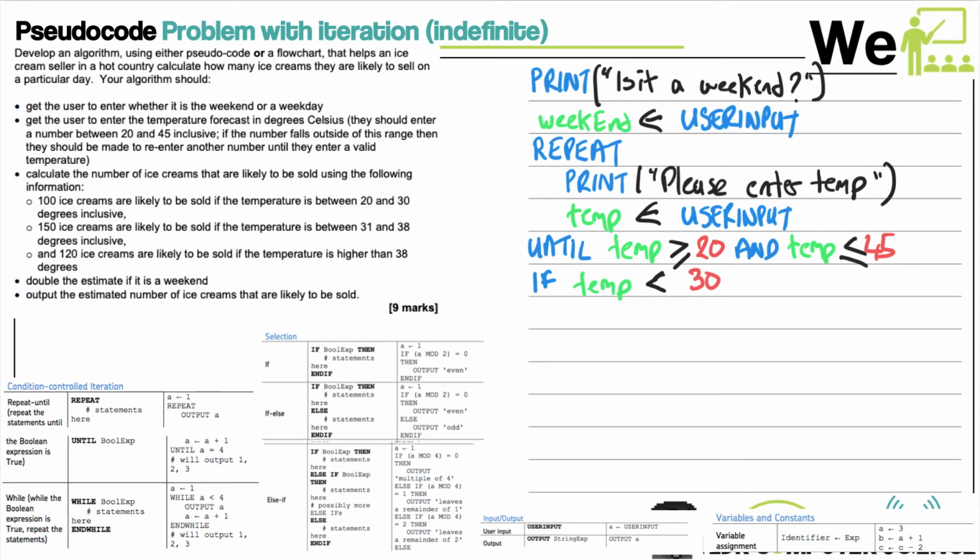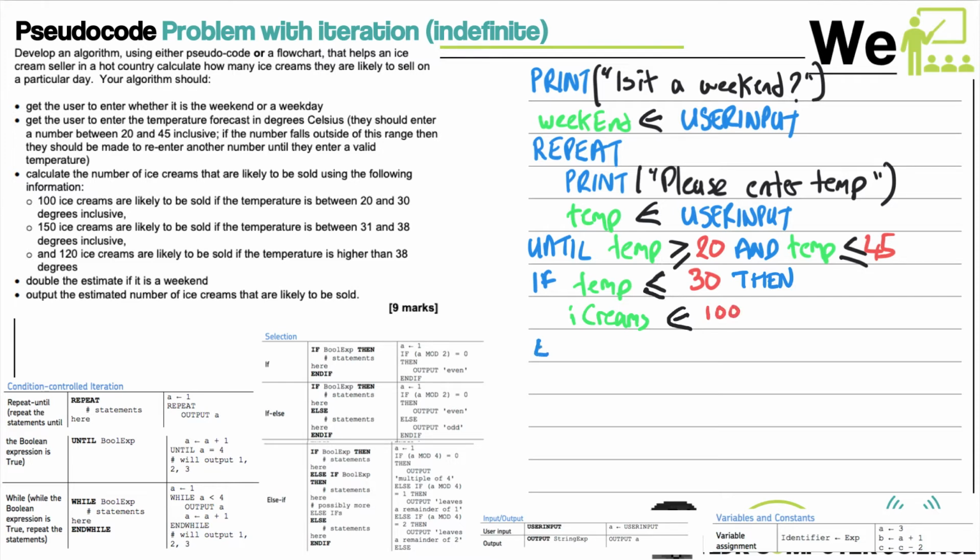So again, you'd have to say less than or equal to 30. Well, then if it is, then what? Well, then why don't we initialize iCreams to be set to assign the value 100.